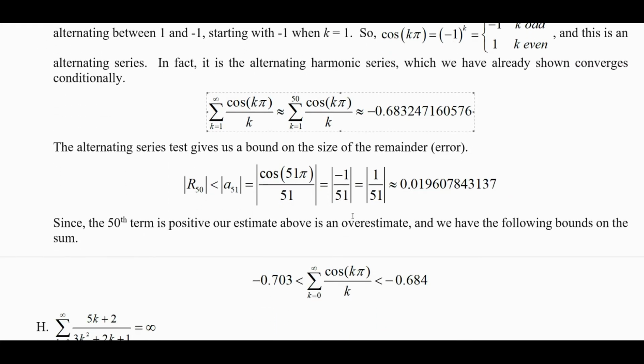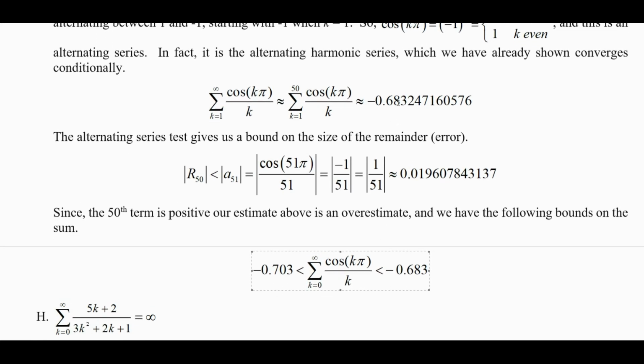So on the top side, I'm going to round off to 3 decimal places, and rounding up that's 0.683, no higher than that, and then it could go down by as much as 0.0196 below this, or 0.020 below this.